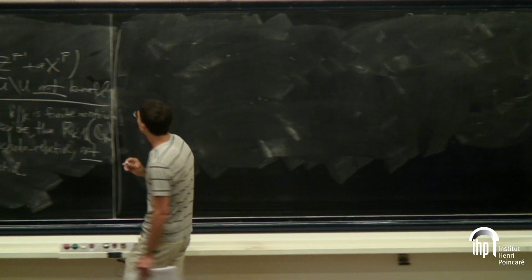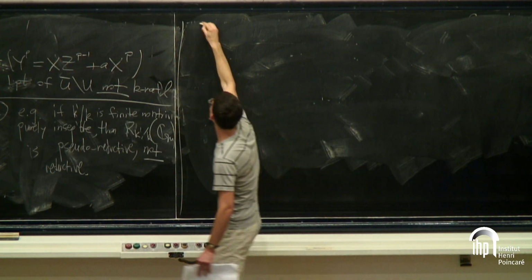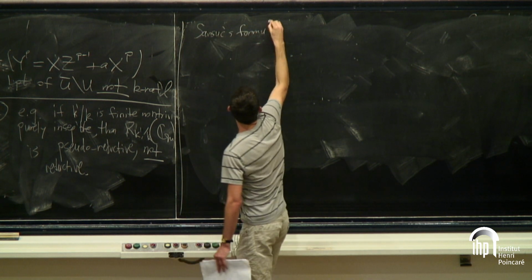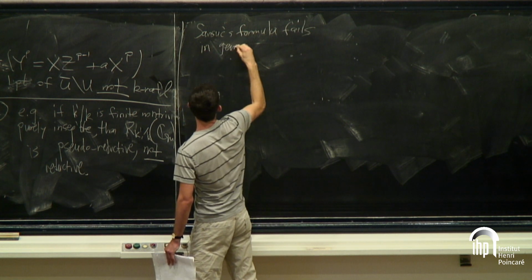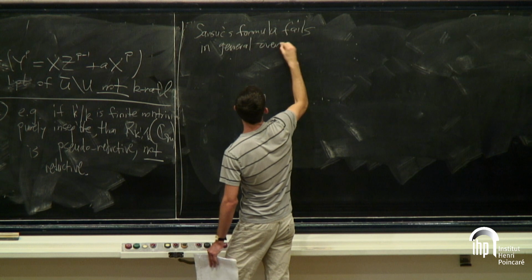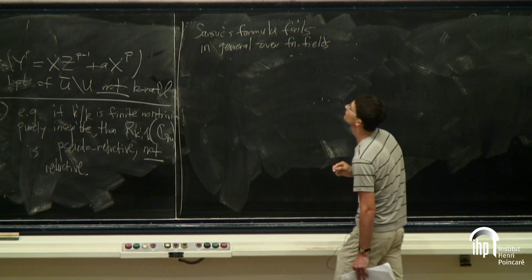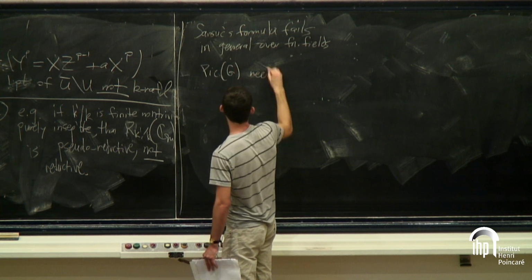And there's a good reason that the move is hard. It's because Sansuc's formula fails in general over function fields. And in fact, it fails very badly. So pick G, need not be finite.